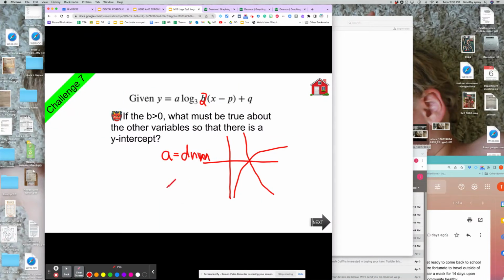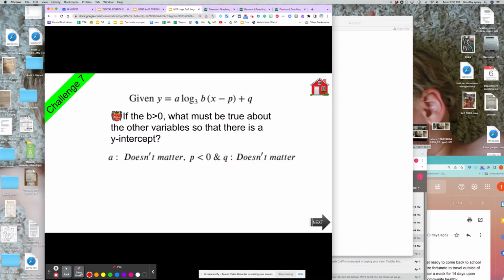So we'd want x to be less than 0. So if p is -1, then we'd be over on this side. And then the q value would not matter. So the p has to be less than 0, and q wouldn't matter.